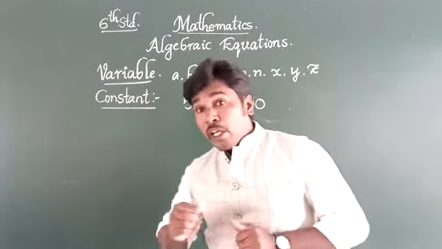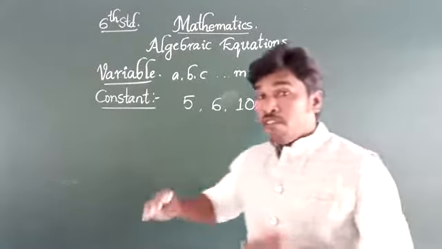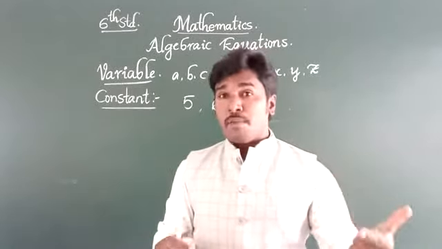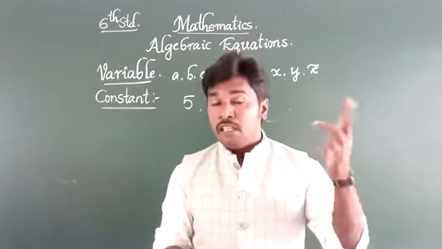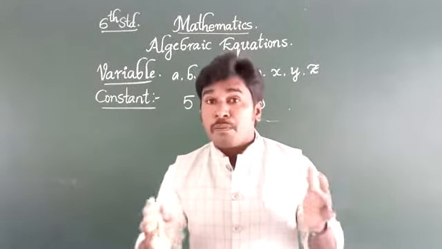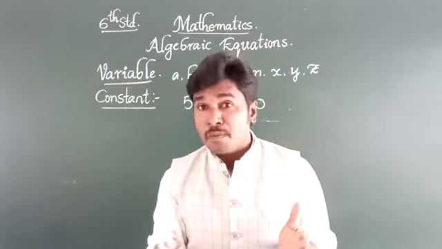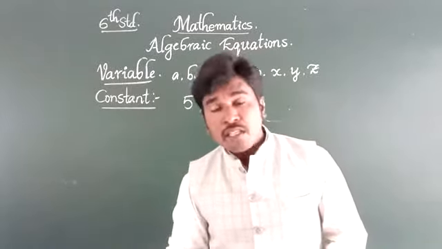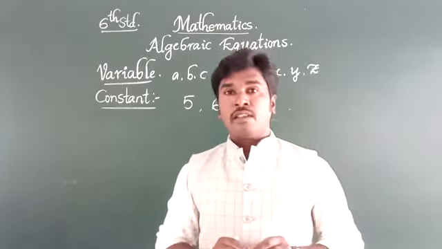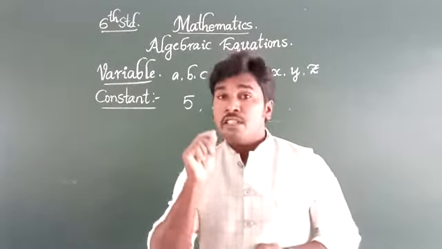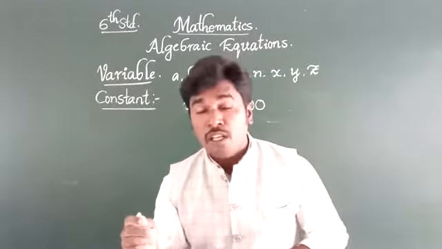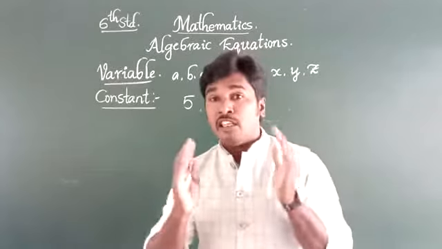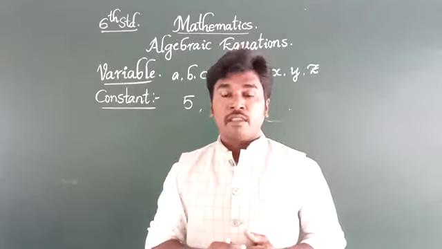Next, by using these constants, if you do operations like addition, subtraction, multiplication and division, those expressions are called arithmetic expressions. The numbers which contain the signs like plus, minus, into and division, the complete expression, is called an arithmetic expression.